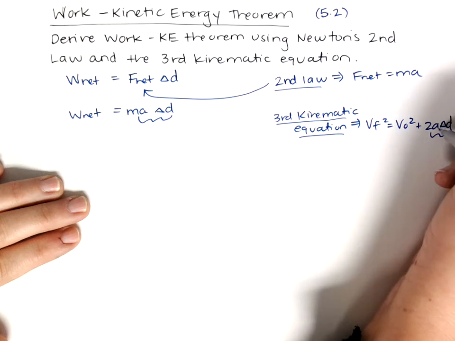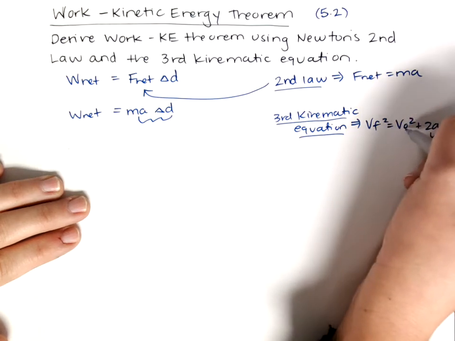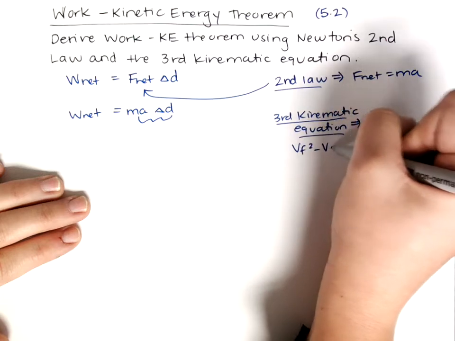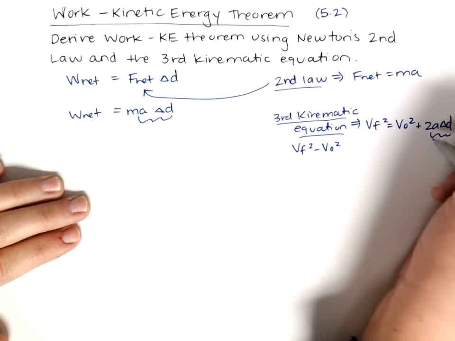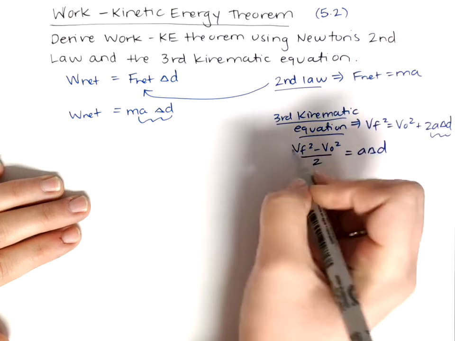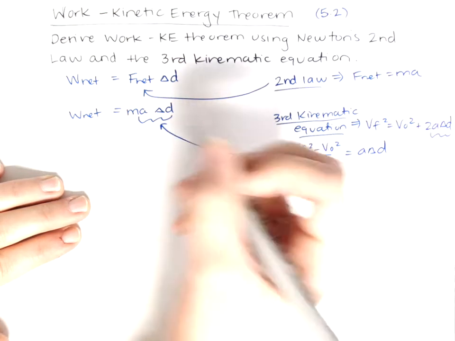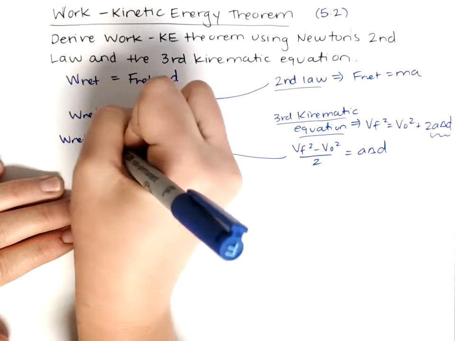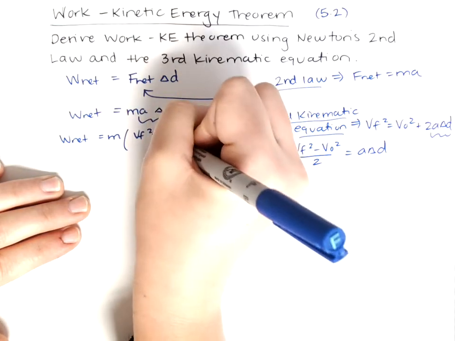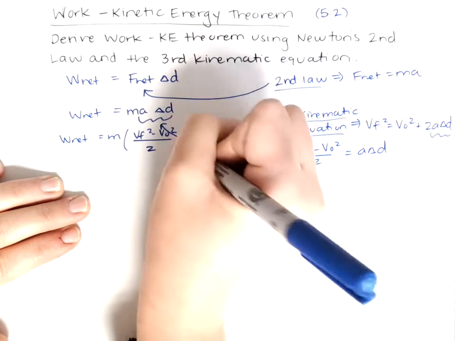When we solve for a delta d, we subtract V initial squared on both sides, you get Vf squared minus Vo squared, and divide by 2 gives us a delta d. Let's substitute that in right here. We get net work equals m times Vf squared minus Vo squared over 2.